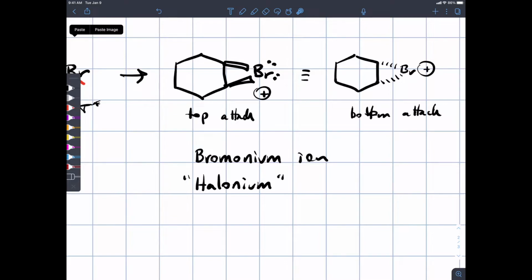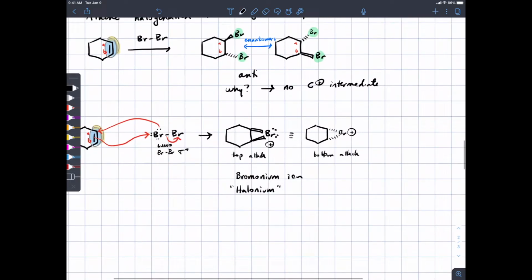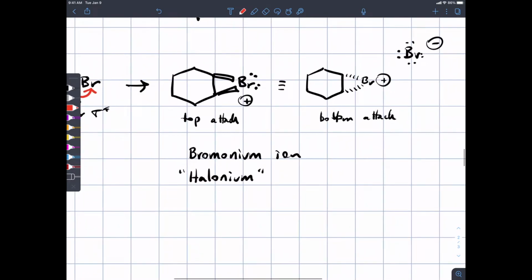Right? So then Br minus can act as the nucleophile. The bromonium ion is not as strained as an epoxide. It has the 3-membered ring, but remember carbon-bromine bonds are longer, so the ring isn't quite as tight and strained.